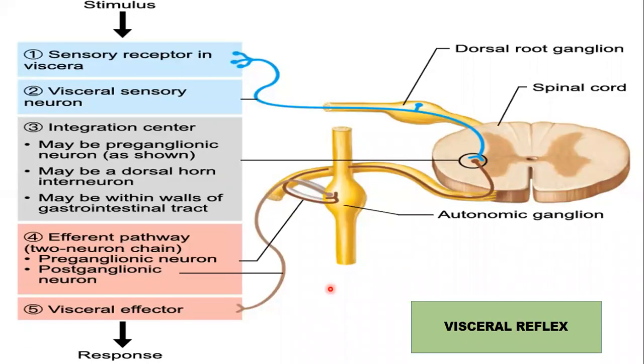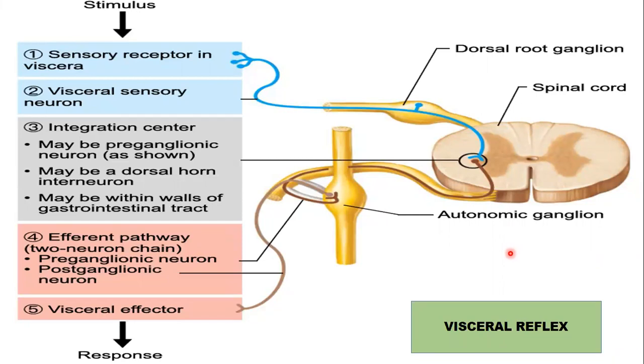Now we are going to study the visceral reflexes. Visceral reflexes are those reflexes in which at least part of the reflex arc is formed by the autonomic nervous system. They are reflexes that arise from the pupil or the visceral organs.